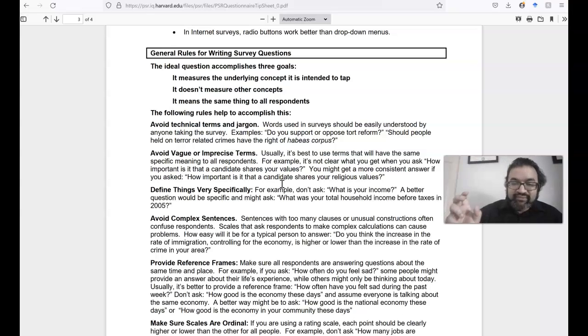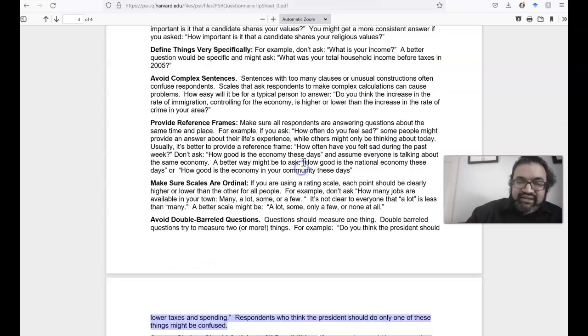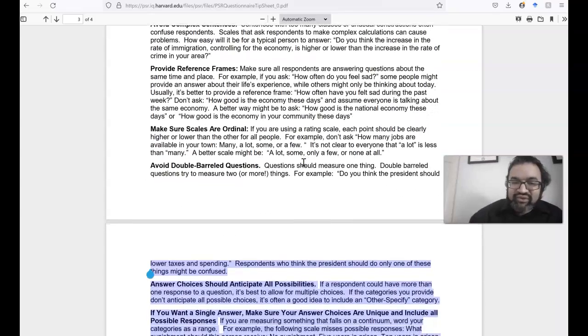So during the past week, how often have you felt sad? So it's more specific. Make sure scales are ordinal. It's pretty self-explanatory. Avoid double-barreled questions.